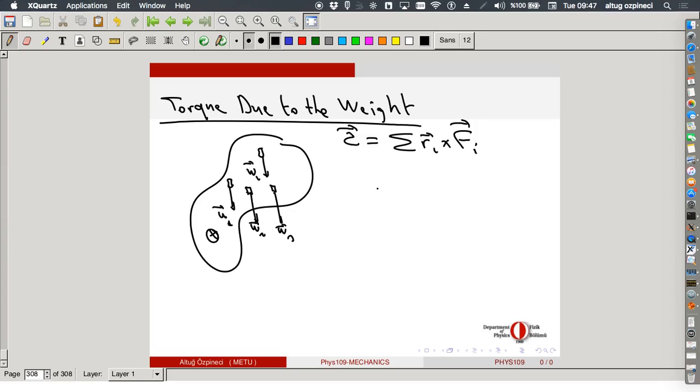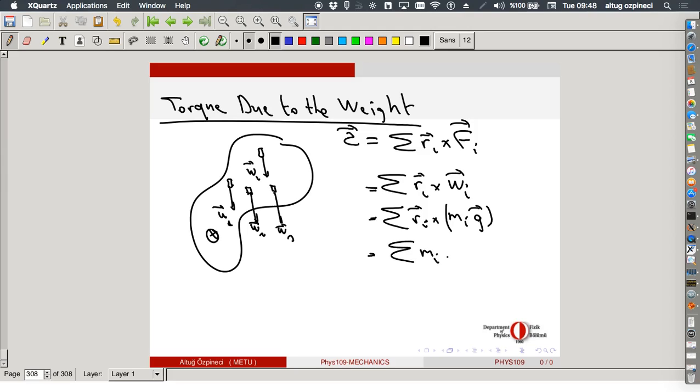So the torque would be nothing but the position of that point cross product with the weight of that point. Now the weight of that very small point is nothing but mi times g, the weight force. Now this we can just write as mi times ri cross g.